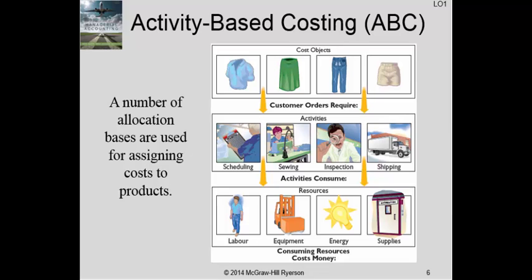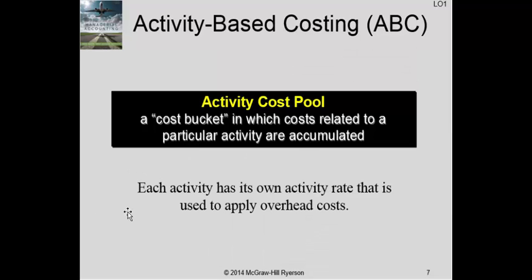So the general idea here is a larger number of allocation bases are used to assign cost of products, and the trick is to understand how costs behave, and can we basically measure the costs associated with their behavior and come up with rates that make sense. So some terminology here.